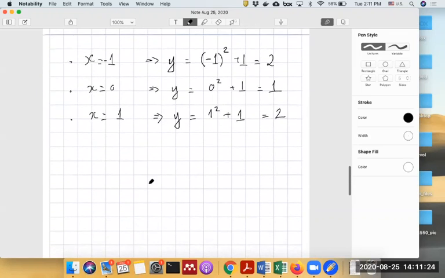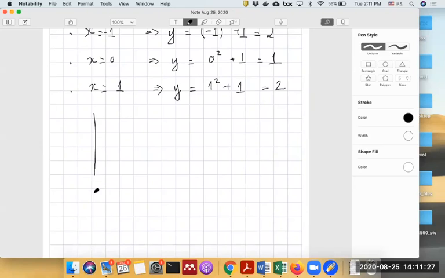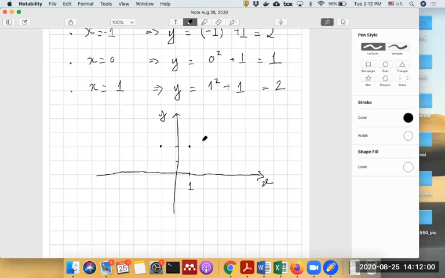It means we can graph it. At 1, it will be 2, at -1 would be this guy, and at 2 it will be 5, will be somewhere here.